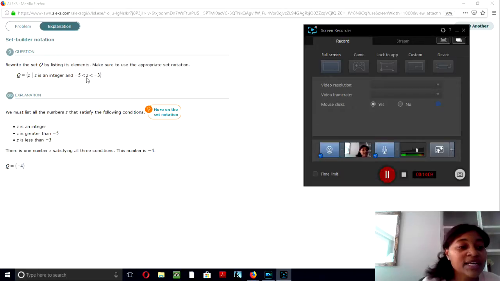So we know Z is the integer that we're looking at, and so it says here Z is greater than -5. Z is also less than -3. So we would have to figure out which number is greater than -5 but also less than -3, and the only number that would fit this would be -4. Okay, let's move on to the next problem.